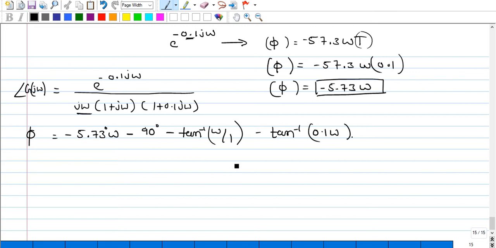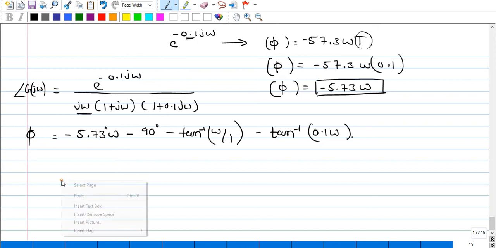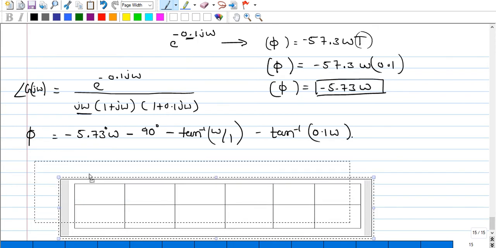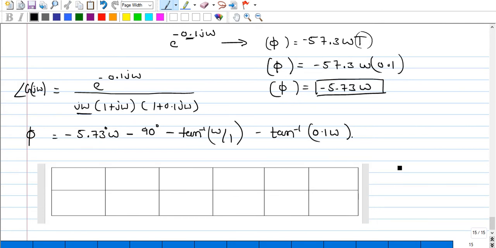So let us start. Let me consider the table. So here, as I say, you need to substitute the value of omega. Okay, mandatorily we shall give the first point, followed with the corner frequency, and then 1, 10 and 100.